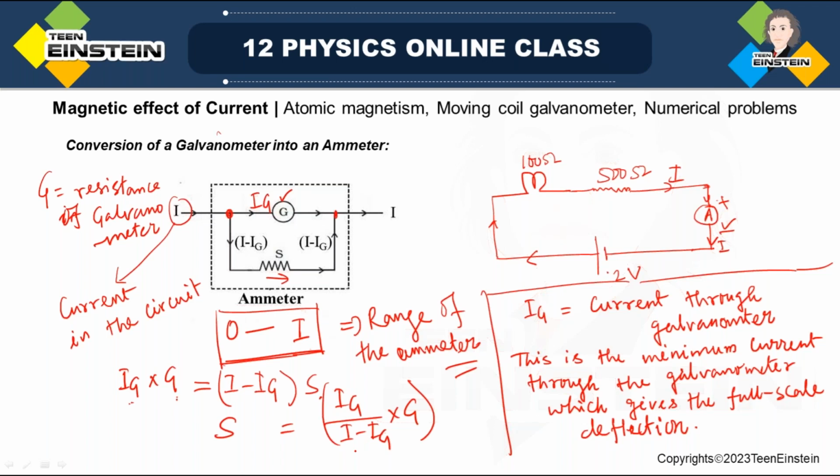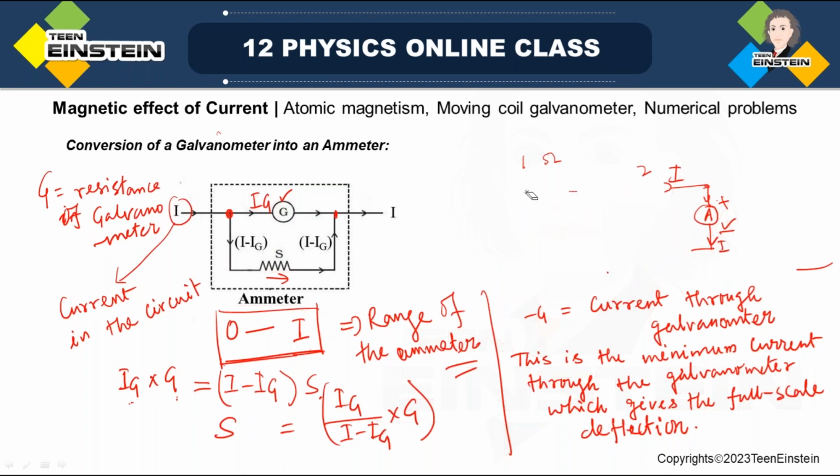So I can find out the resistance. From this particular concept, we can actually make... I'll just erase this part. I hope this is clear to you. I have discussed the range of the ammeter also.